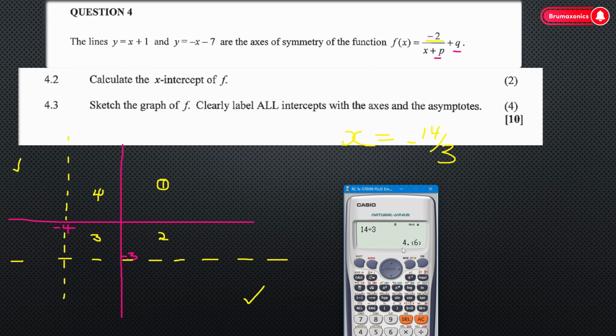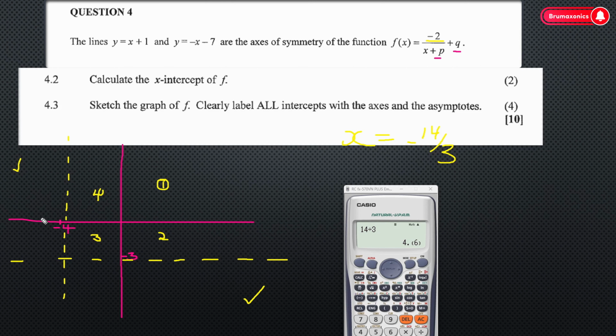Let's just say 4.6. So negative 4.6 for x will be somewhere here, more than 4, but somewhere here, meaning that our equation now will just look like this.